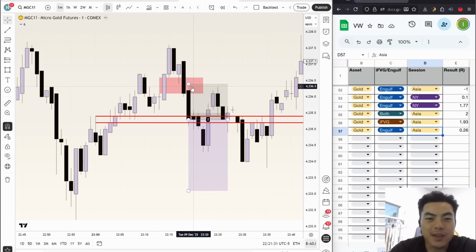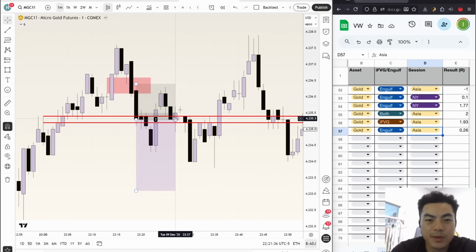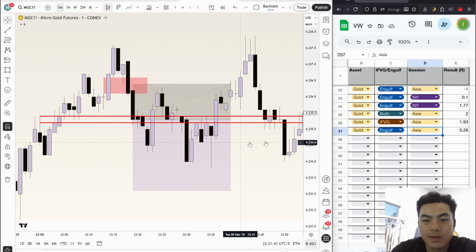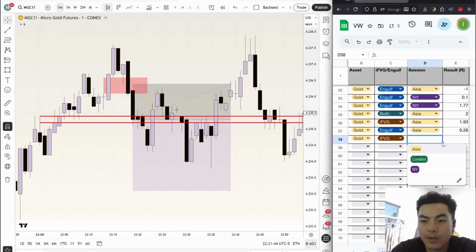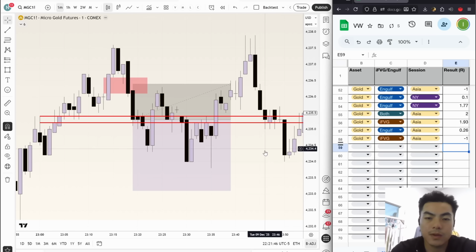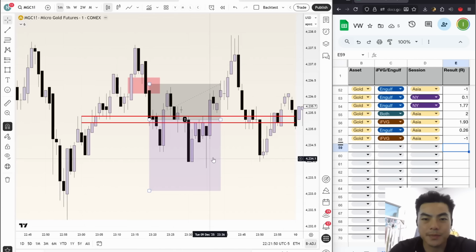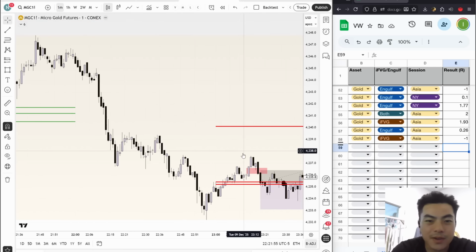Yeah, stop above this candle, because that is way too far for my liking. Targeting to get stopped out. Yeah, that's it. We get another entry, but it's way towards the end of the hour.